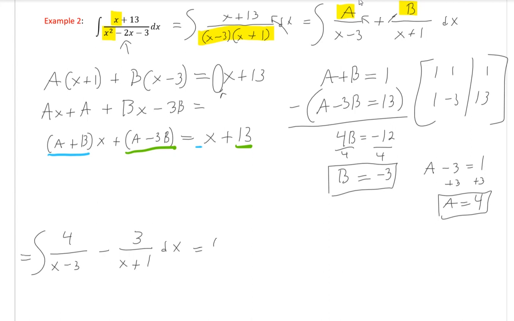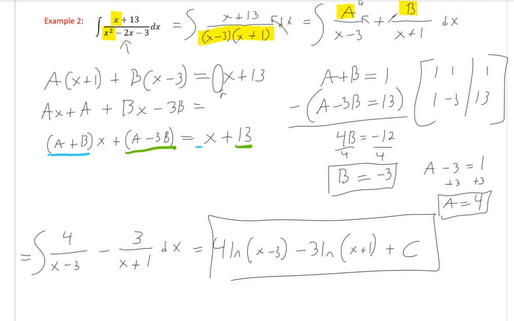This is going to be 4 natural log of x minus 3 minus 3 natural log of x plus 1, and then plus c for an unknown constant term. Okay, so hopefully you see how that functions. This one overall isn't too bad because it only split up into 2 fractions, so that means we only needed to solve for 2 unknowns, and they were relatively simple unknowns.